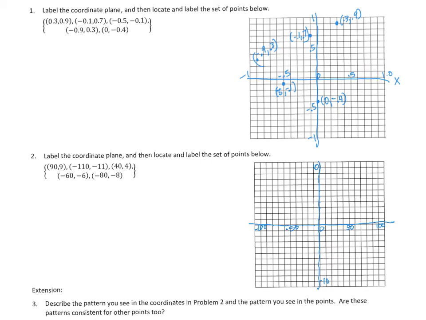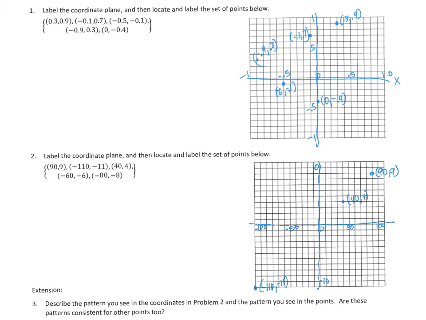So let's try to plot some of these. I went 70, 80, 90, and then I went up to 9. That's 10, so right here. So 90 and 9. How about negative 110, and then negative 11. Wow, that is in this far corner. Negative 110, negative 11. Okay. How about 40 and go up 1, 2, 3, 4. 40 and 4.